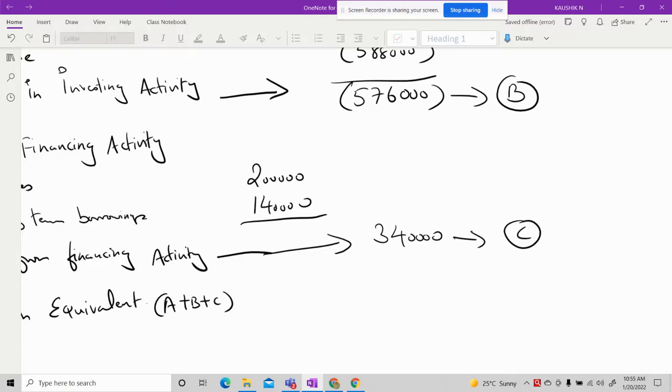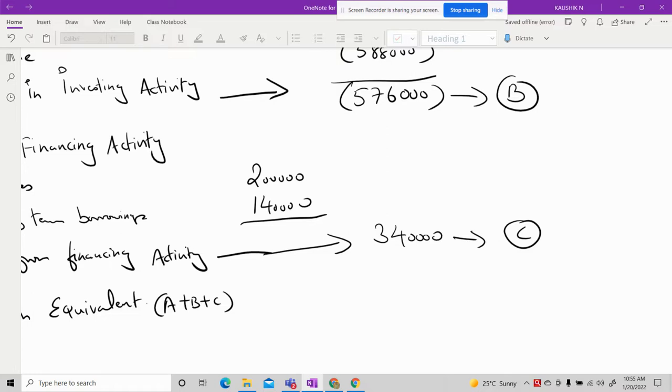When you add rupees 4 lakh 60,000 and rupees 3 lakh 40,000, you get 8 lakh, and then a negative of rupees 5 lakh 76,000.